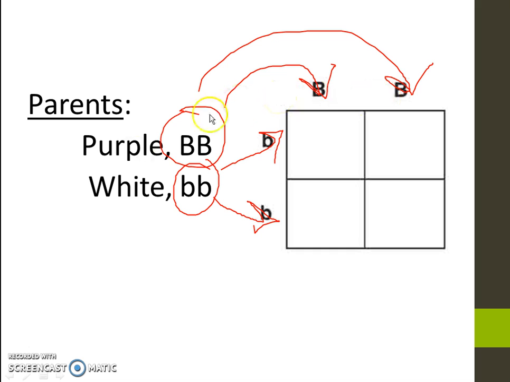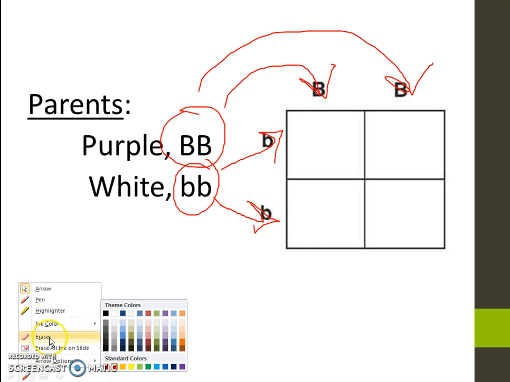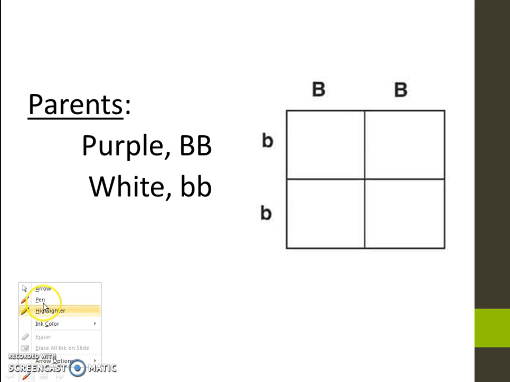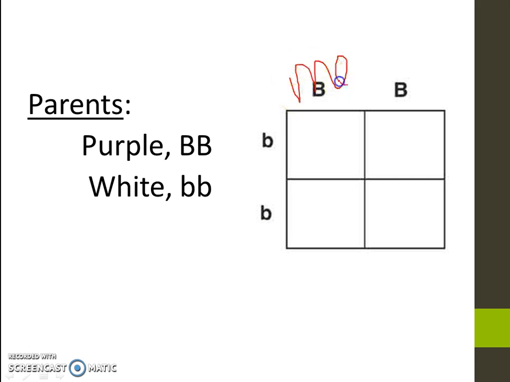So what we just did here hopefully looks familiar. So this process of separating them out is actually referring to meiosis. Okay, so meiosis is when we separate out our homologous chromosomes so that each gamete gets half of the DNA, half of the chromosomes.